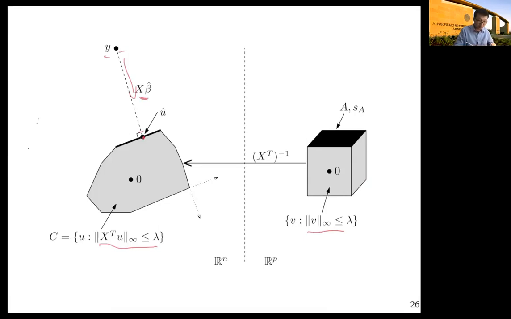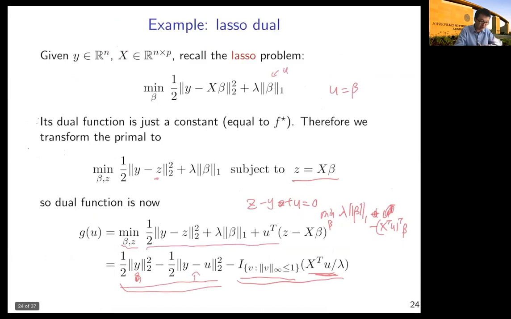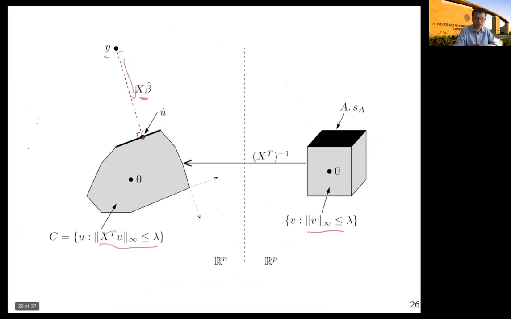Essentially by doing this rotation, y becomes somewhere else. So that's one way you can think about this reformulation of taking z to be x beta. It's a transformation of everything in the space while retaining the same property of the problem itself.